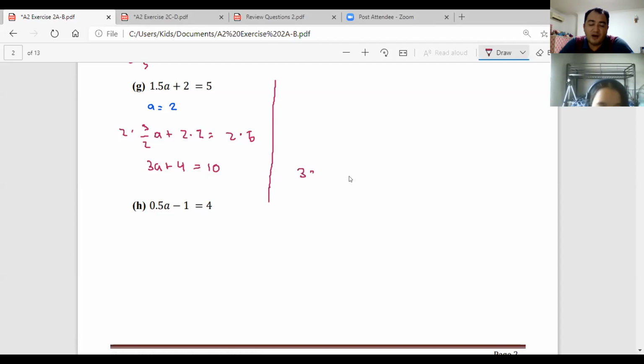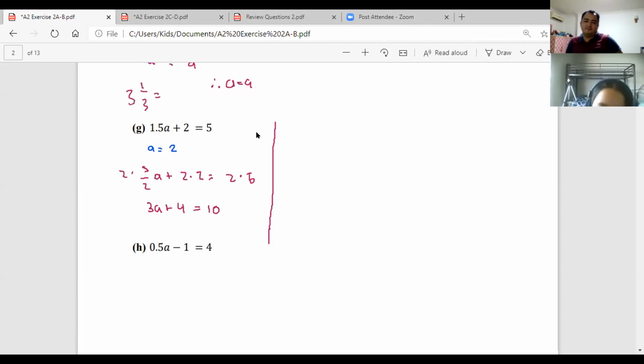3a equals. Why don't we start from the top? Why did we draw a line? 3a equals 10 minus 4, right? Because we subtract the 4 from both sides.